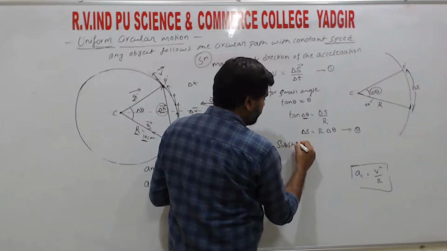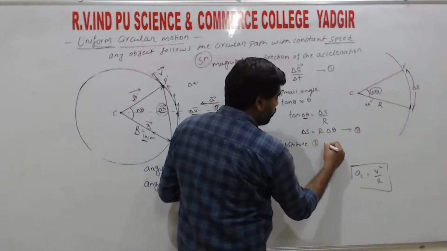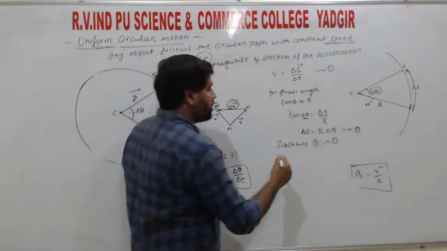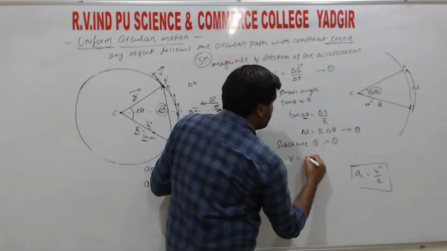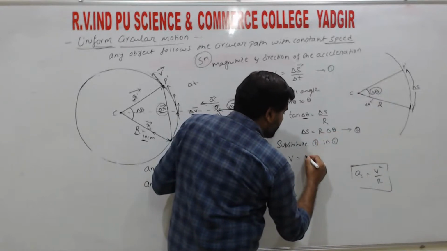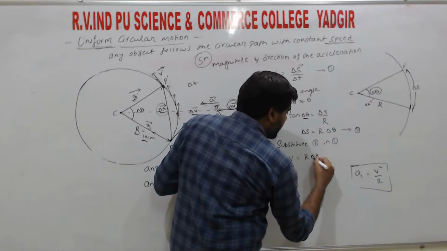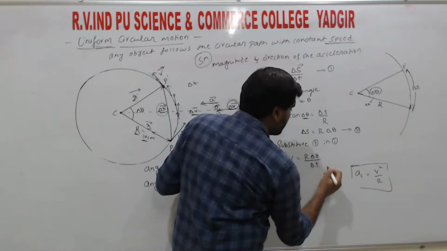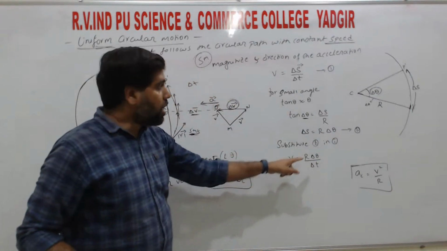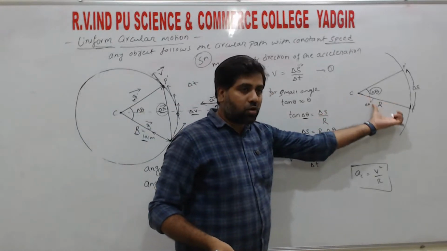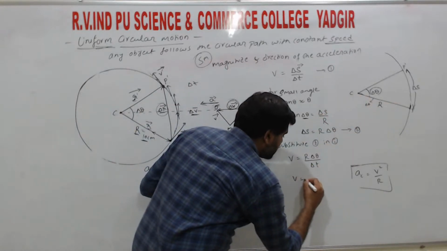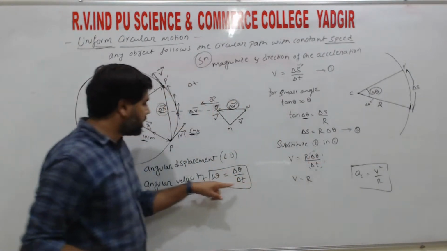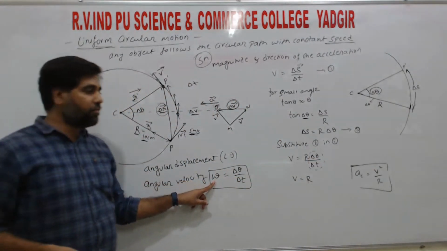So substitute equation 2 in equation 1. The velocity v is equal to, in place of delta s, r into delta theta divided by delta t. Here r, the radius of the circle, is constant, so we keep it as is, and this term, delta theta by delta t, we call the angular velocity.